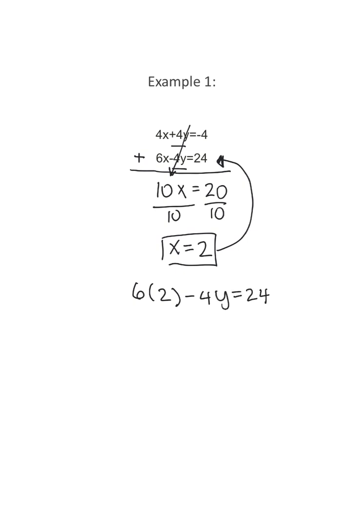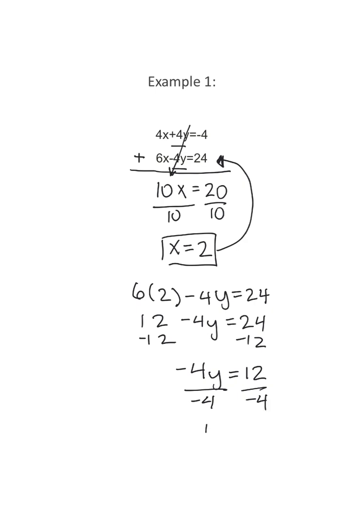And let's solve. 6 times 2 is 12, minus 4y is equal to 24. We're going to subtract 12 from both sides, and we get negative 4y is equal to 12. As we divide by negative 4, we get y is equal to negative 3.